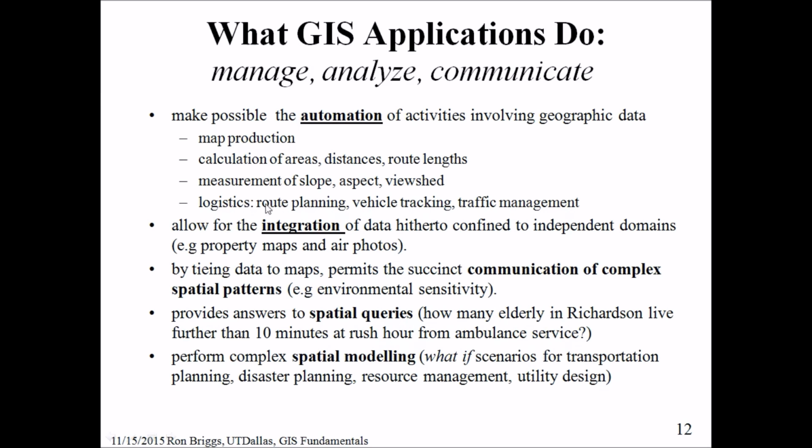It also allows for the integration of data from independent domains. This is done by tying data to maps, permitting the communication of complex spatial patterns. It also provides answers to spatial queries, like how many elderly in Richardson live further than 10 minutes at rush hour from a service. It performs complex spatial modeling.